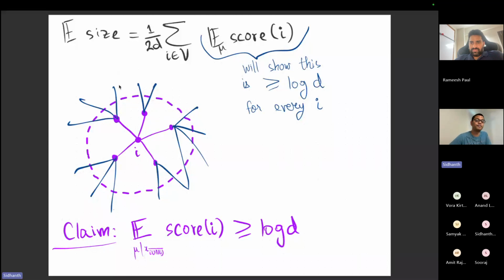Suppose I have any assignment to the vertices outside this ball, which I'm calling x restricted to the complement of i union its neighbors. So if I have any pinning, and by a pinning I mean that for each vertex outside this ball, I determine whether that vertex is in the independent set or not. Even after I condition on all of this information, and the only randomness I have left is on i and its neighbors, the expected score of i is still going to be at least log d. So I'm going to prove this stronger statement.